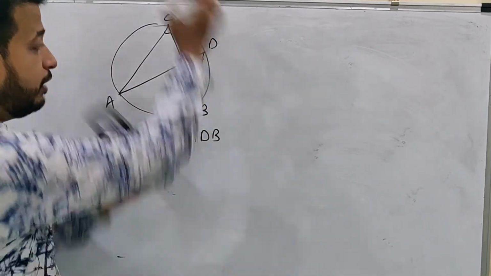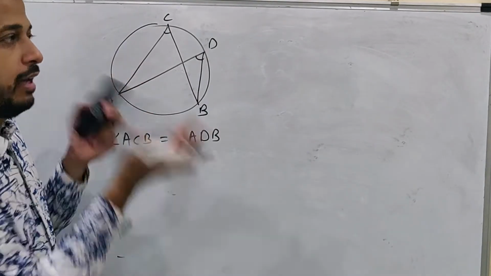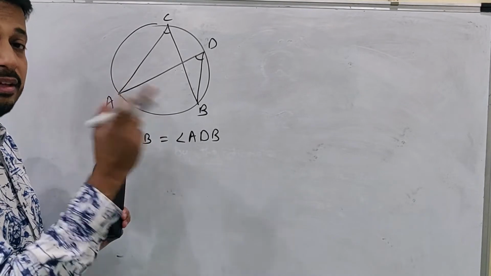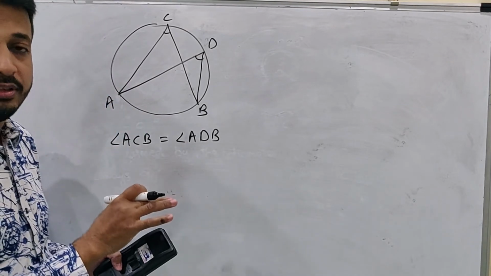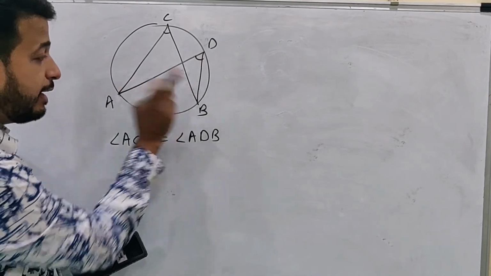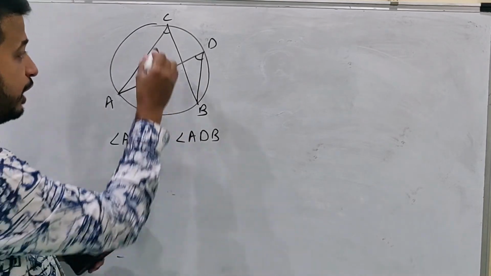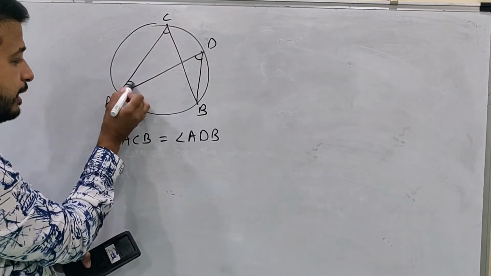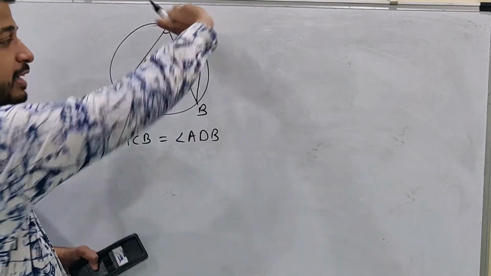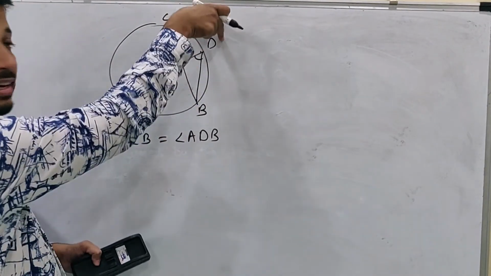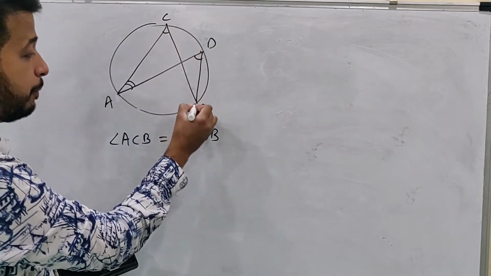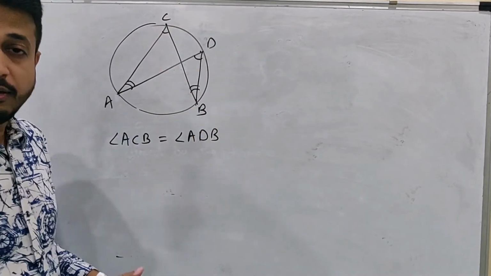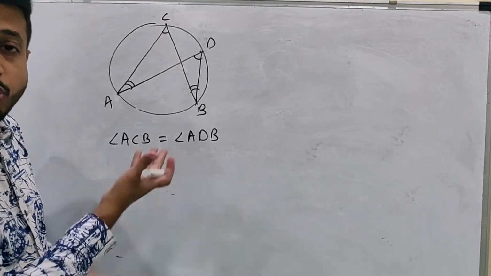If I just rotate this circle, or I cannot rotate the board right now, correct? There are two other angles also formed in this. This and this angle is also there. If you check properly, CAD is formed by CD arc. CBD is also formed by CD arc. So here I can use the property over here also.